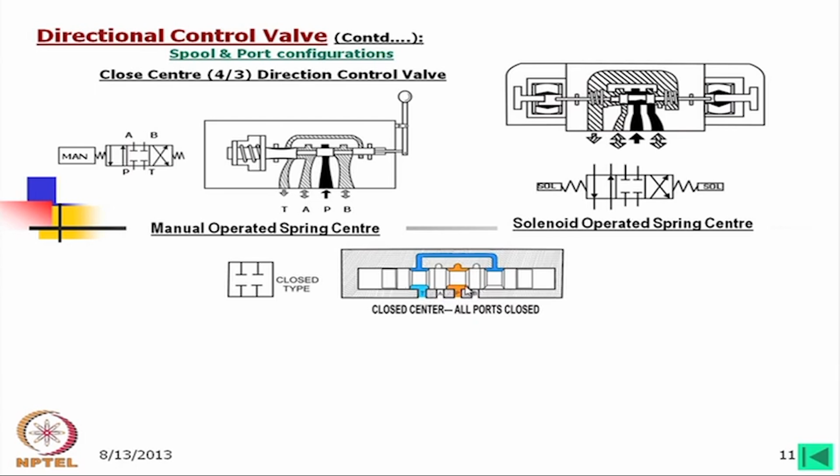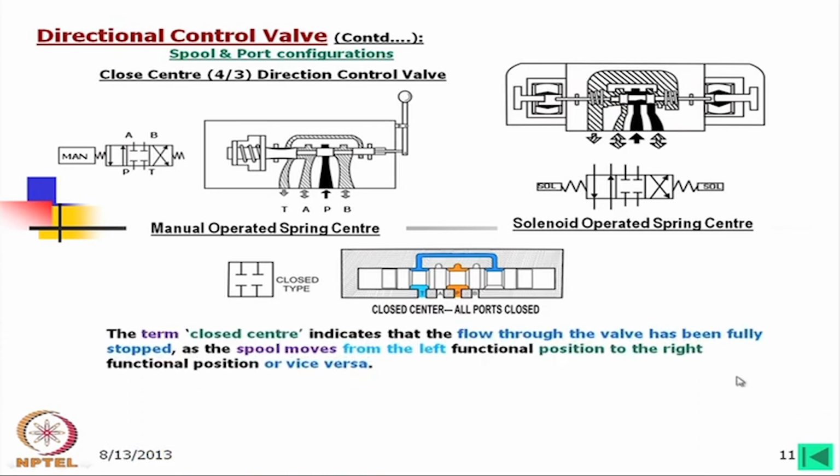Now, if we move to the left side, then P will be connected to A and B will be connected to the drain. So, oil from the other side will go back to the tank. If we move to the right side, then the pressure port will be connected to B and A will be connected to the tank side. So, this is closed center, all ports closed at neutral position.